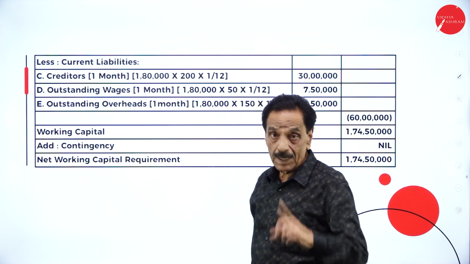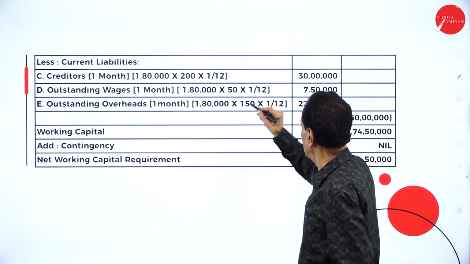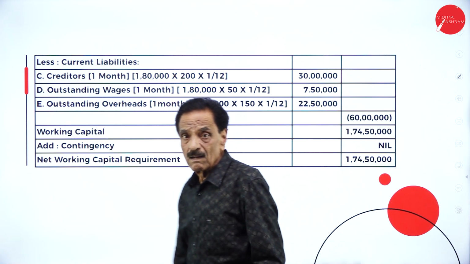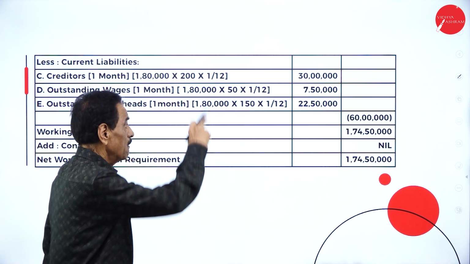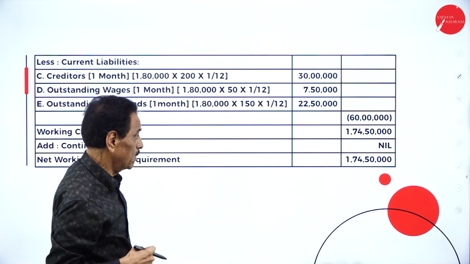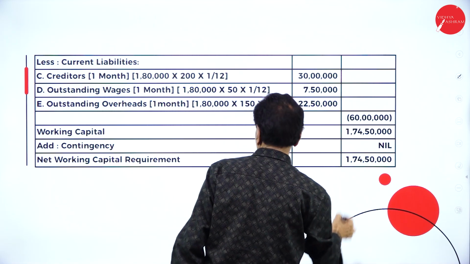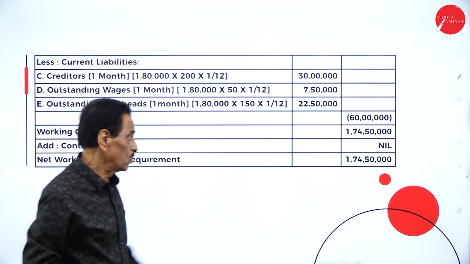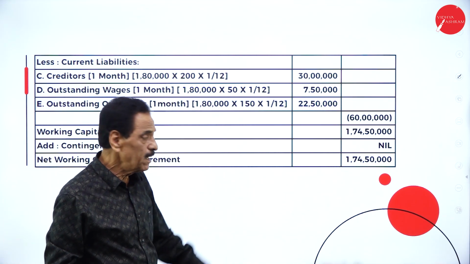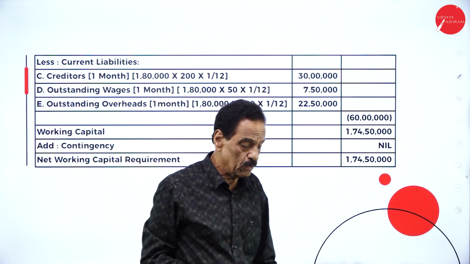Outstanding overhead for 1 month: 1,80,000 divided by 12, 1 into 150 is 22 lakh 50,000. Totally it works out to 60 lakh. From the current asset you deduct, the balance will be 1 crore 74 lakh 50,000. There is no contingency at all. So the total working capital required is 1 crore 74 lakh 50,000.